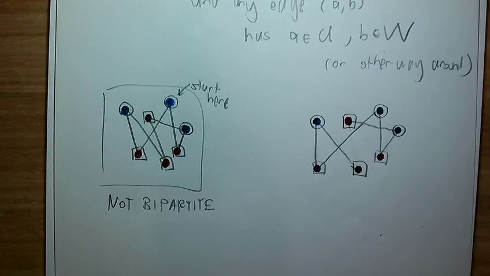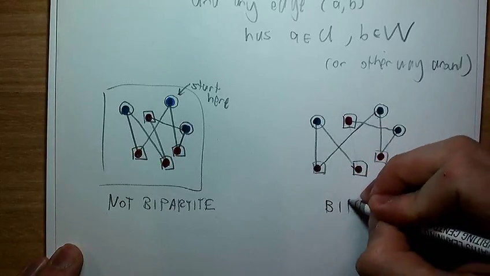The red square ones aren't connected to each other, and the blue circle ones aren't connected to each other, and so that becomes a bipartite graph. In fact, this one's just a big loop, a big path, interestingly.